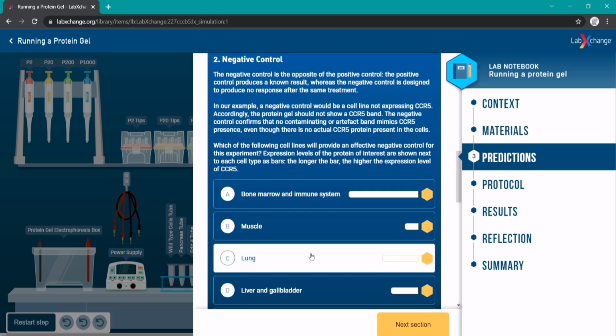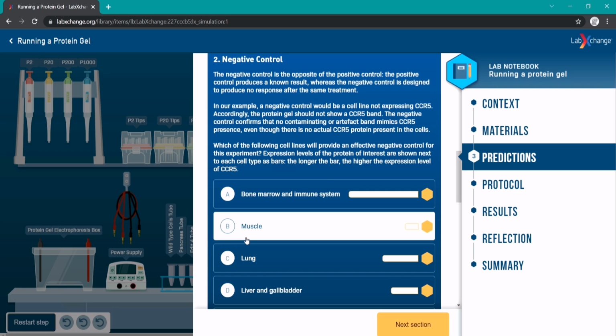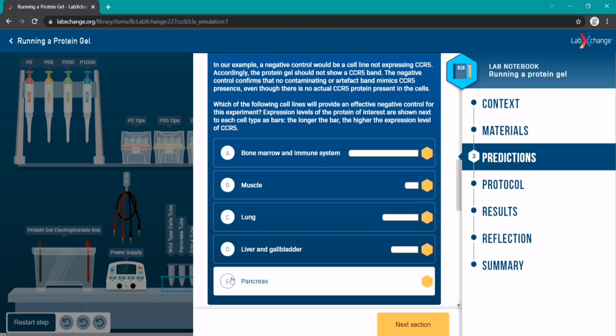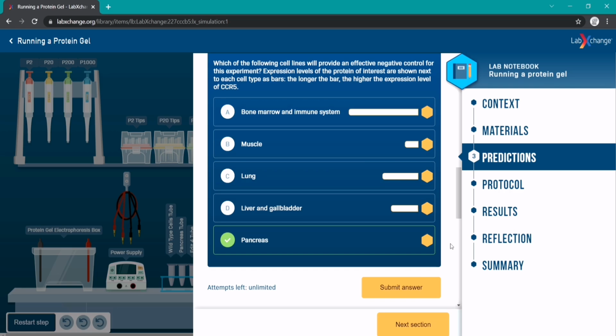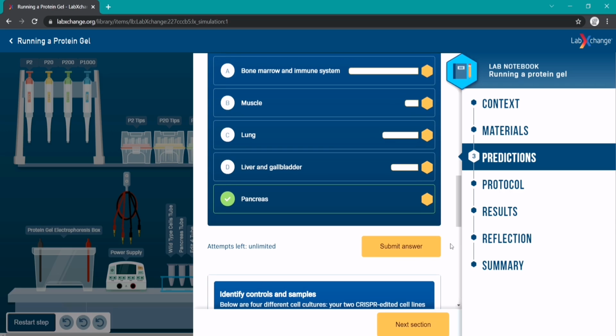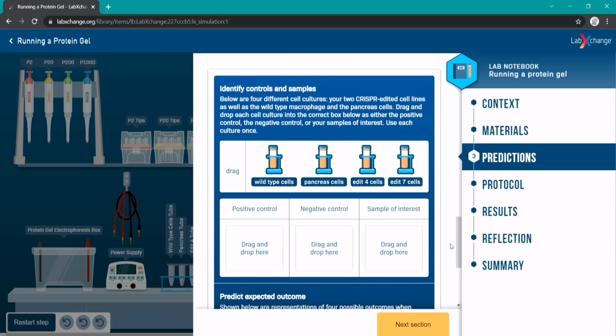Which of the following cell lines will provide an effective negative control for this experiment? Now let's identify controls and samples.